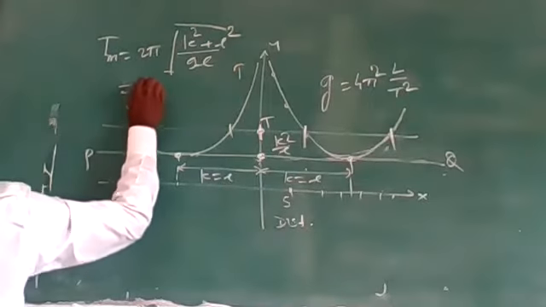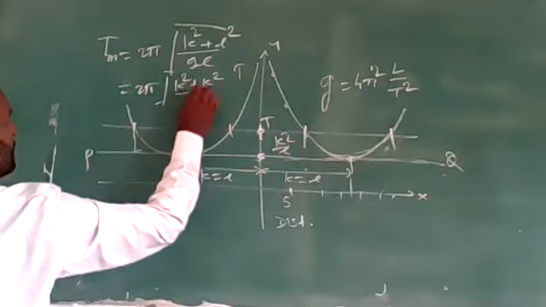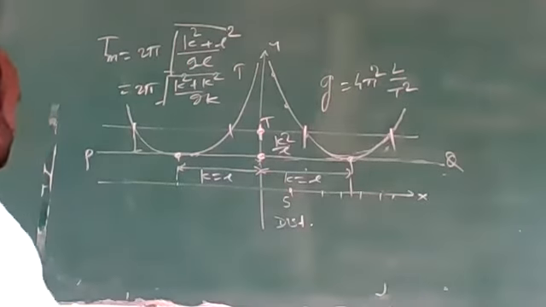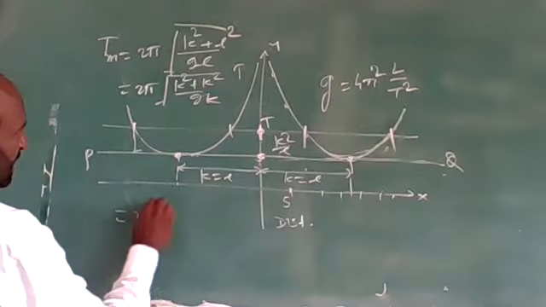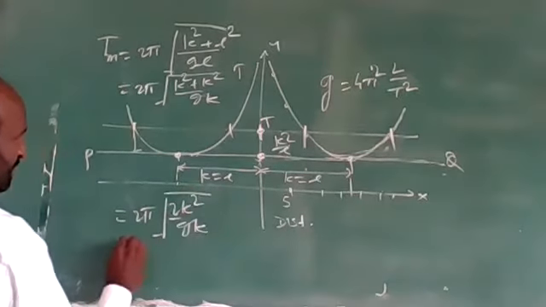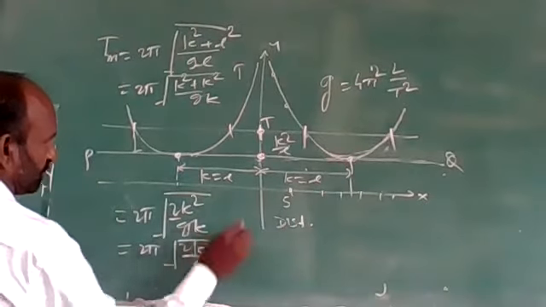It can be written as 2 pi root of (k square plus k square) upon GK, because k and L are the same. So it will be 2 pi root of 2k square upon GK. That is 2 pi root 2k upon G.